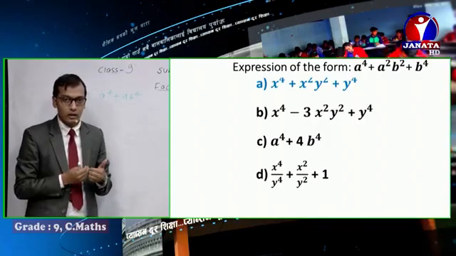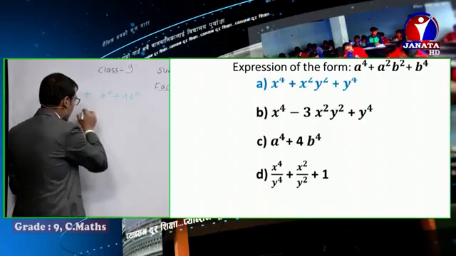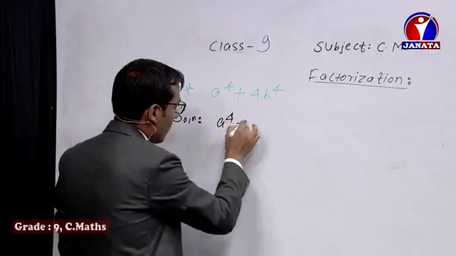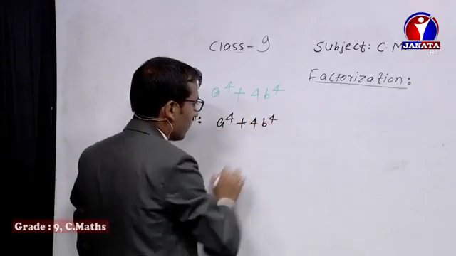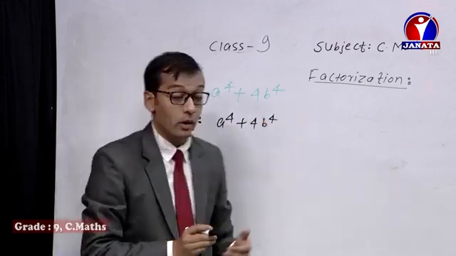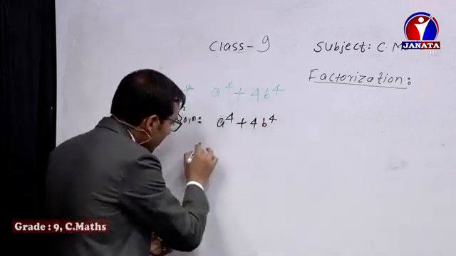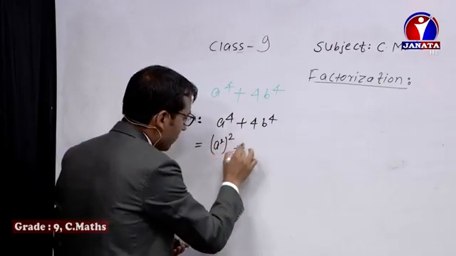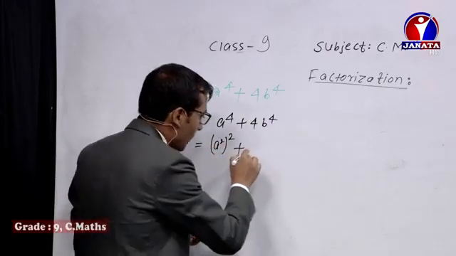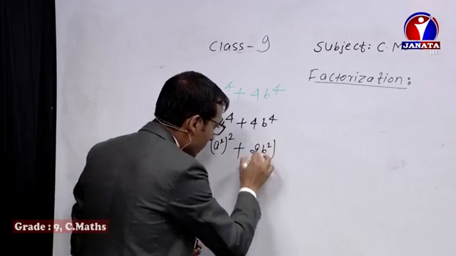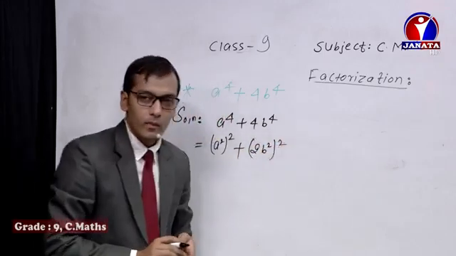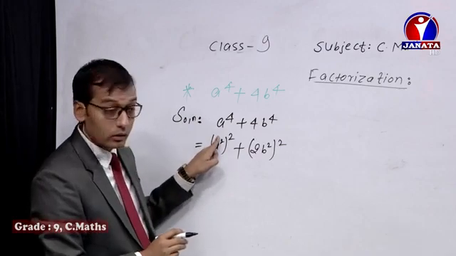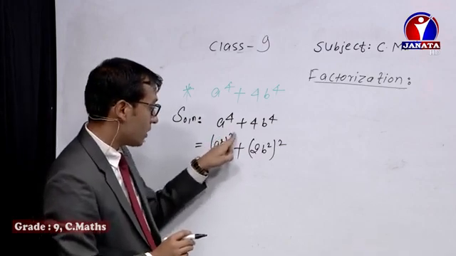Let's think and begin. We can convert a to the power 4 plus 4 times b to the power 4 into a square plus b square form. So a to the power 4 is (a square) whole square, plus 4 times b to the power 4 is (twice b square) whole square. So (2) whole square is 2 times 2, which is 4.